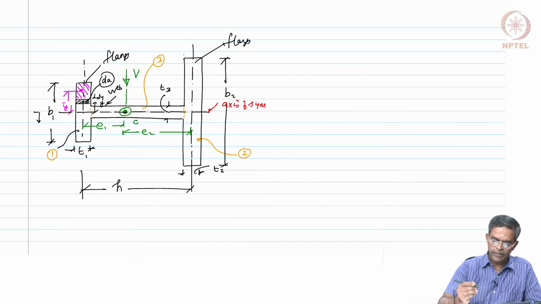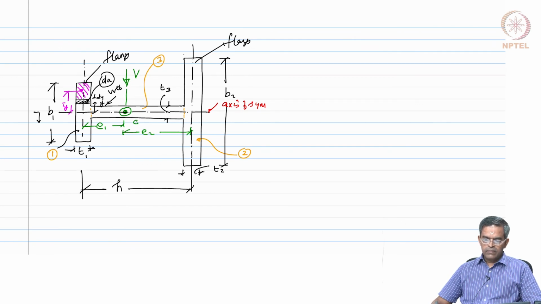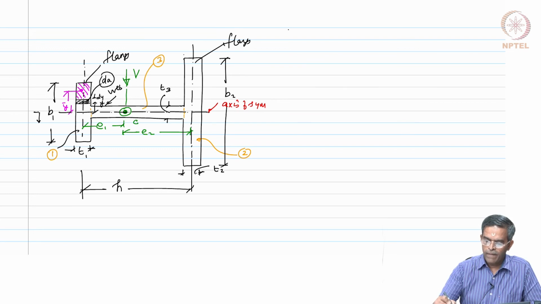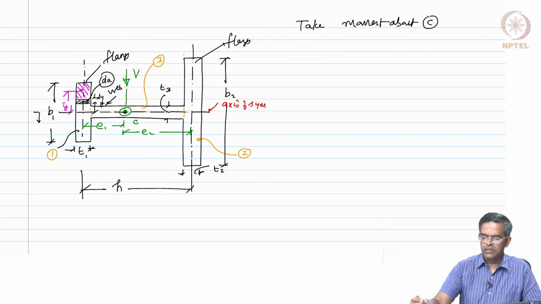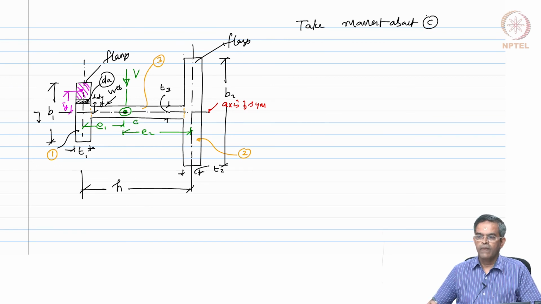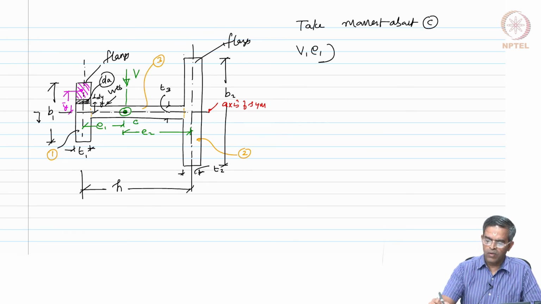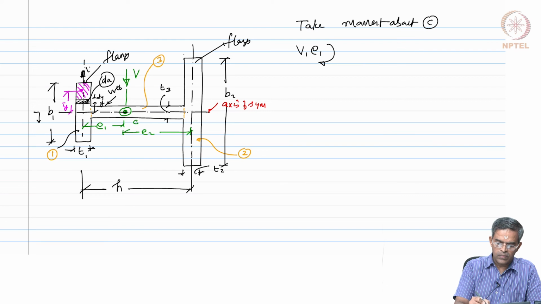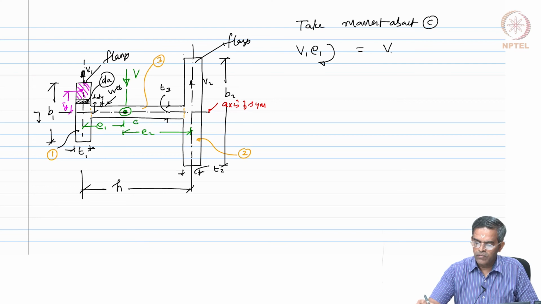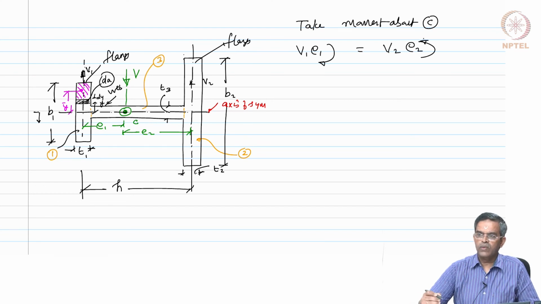Now, let us take moment about shear center C. So, V1 into E1, which is clockwise, this is V1, this is V2, should be equal to V2 into E2, which is anti-clockwise.